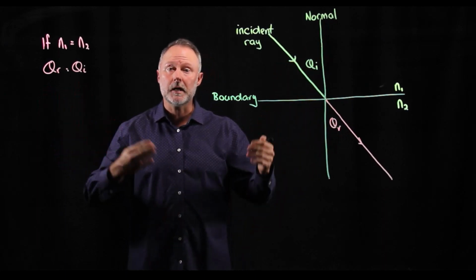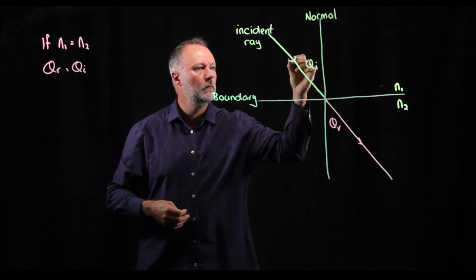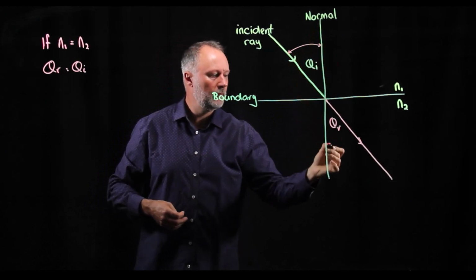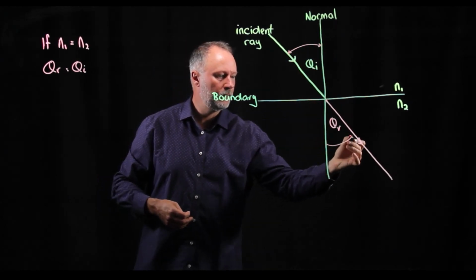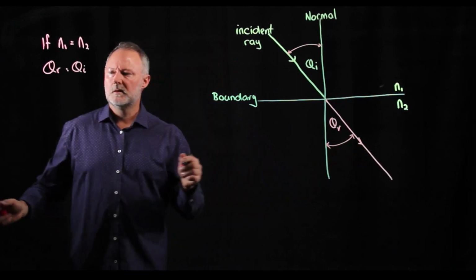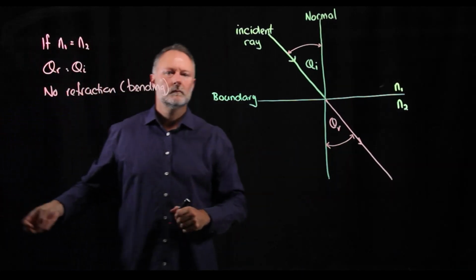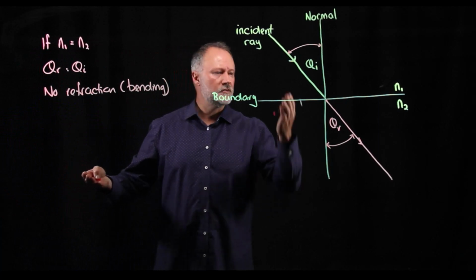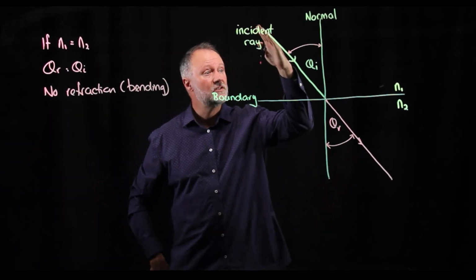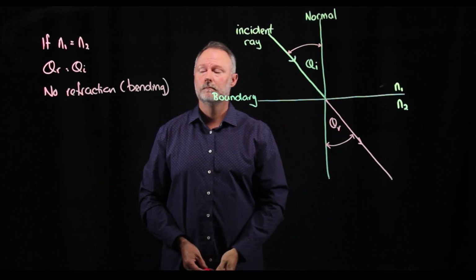And of course, both those angles are measured from the normal. So we could say that. Okay, so in this scenario, there is no refraction or bending. The ray simply goes straight through the material.